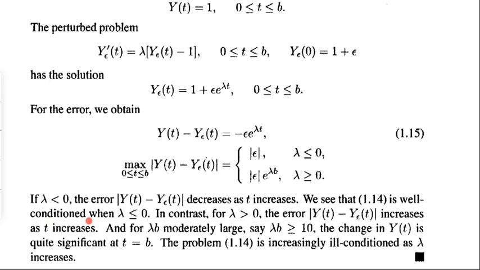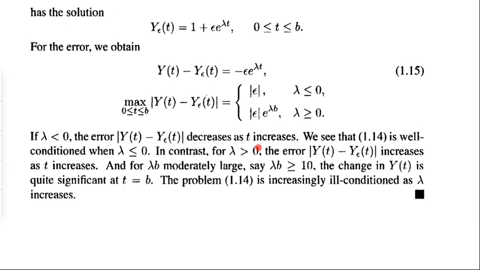In contrast, when lambda is greater than 0, this error value, the absolute value of y minus y epsilon, will increase when t increases.